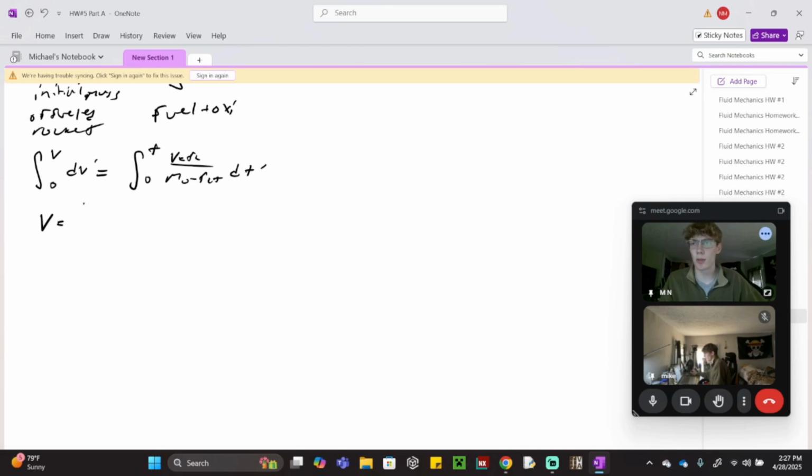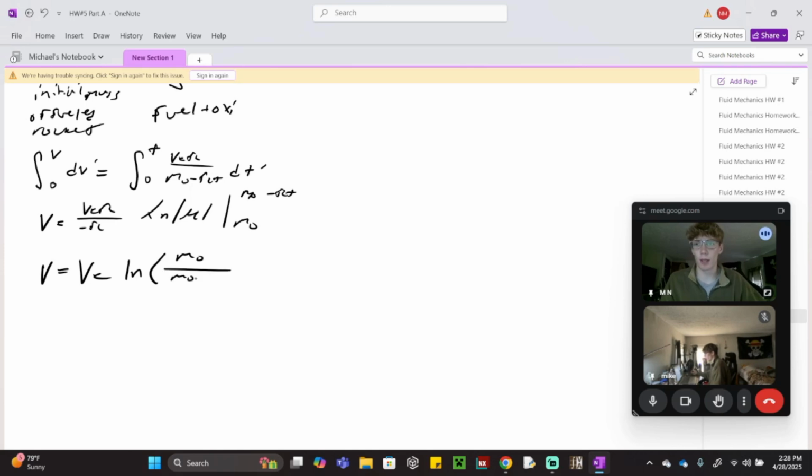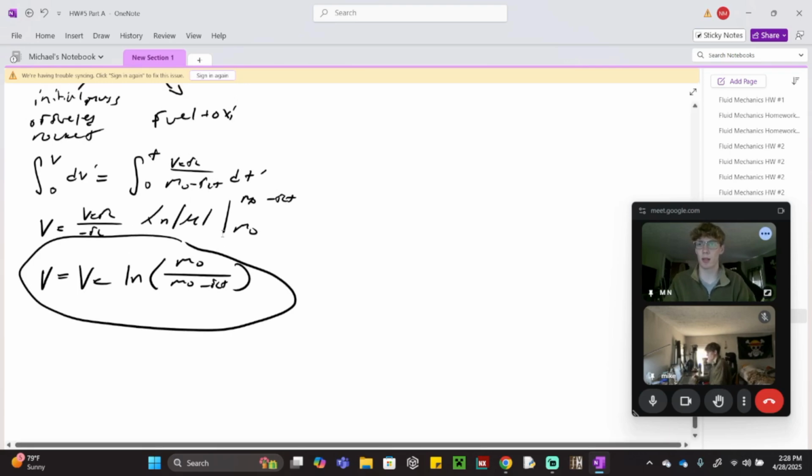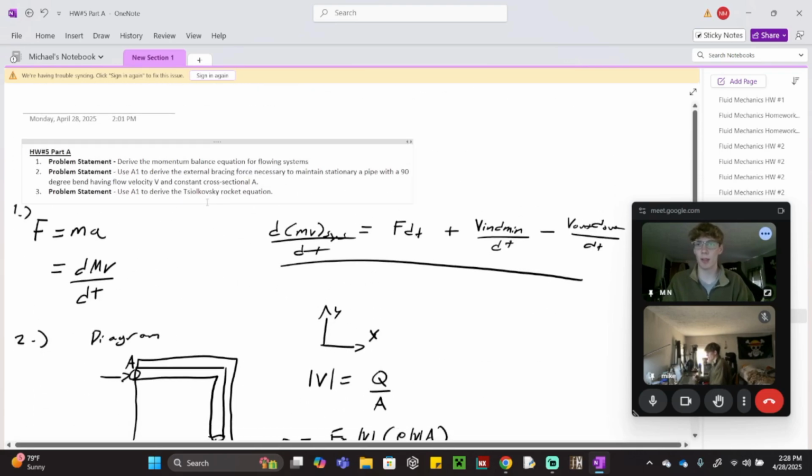V equals ve fc over negative fc, natural log of (m0 minus fct) over m0. Then v is equal to ve natural log of m0 over (m0 minus fct). And this is the rocket equation.